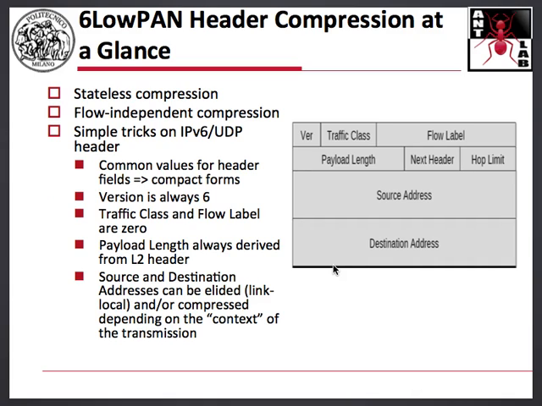Okay, so let's have a look at this compression feature. The first characteristic of header compression is that it is stateless. It means that it does not require the edge router which is reading, compressing or decompressing the packet to maintain its state, so to store local information which is used to decide how the packet is to be compressed or decompressed.